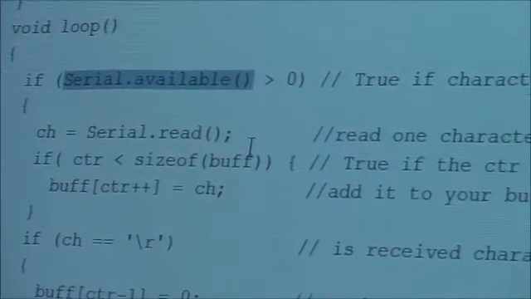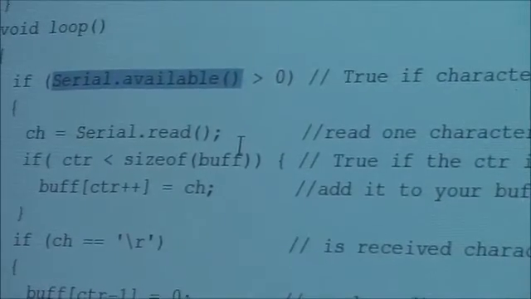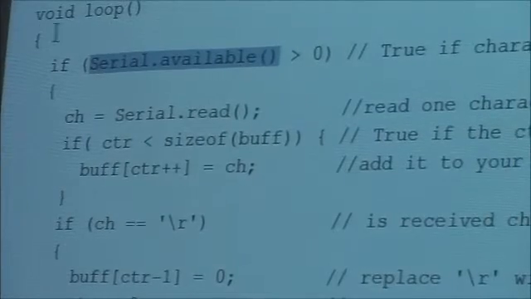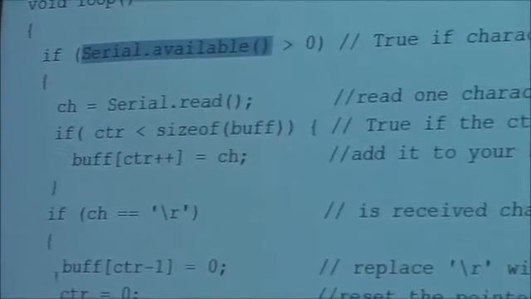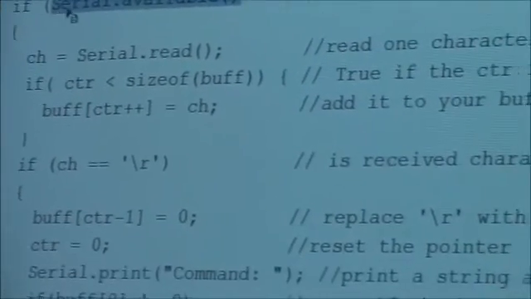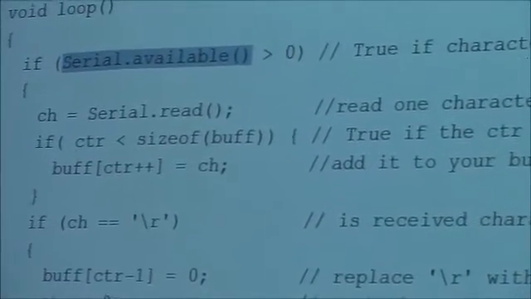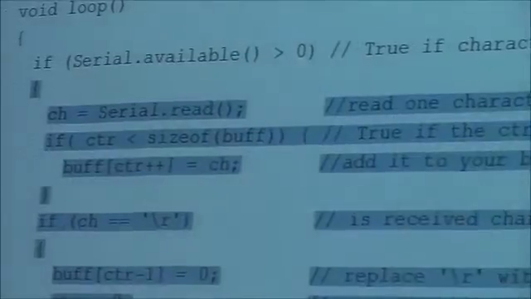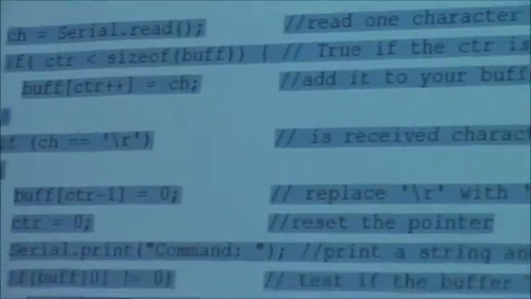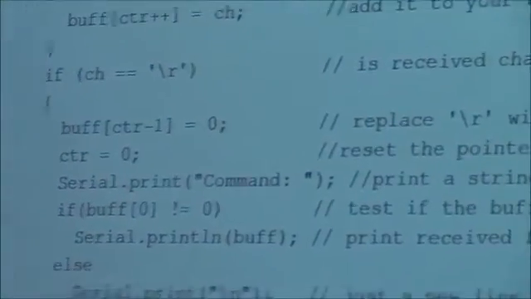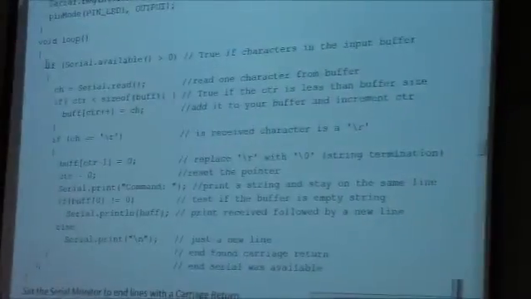If nothing has been sent to the board, it returns 0. So if I don't send anything, this returns 0. 0 is not greater than 0. So it never runs any of this code. It just skips to the end of the if, and then comes back again and asks the same question again.